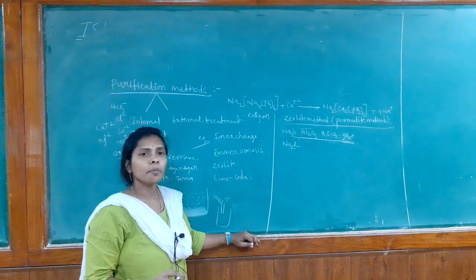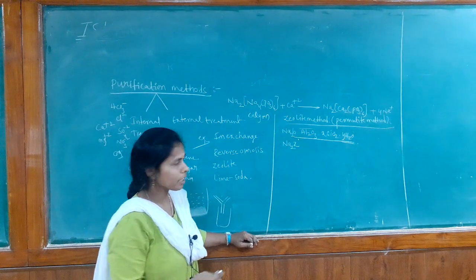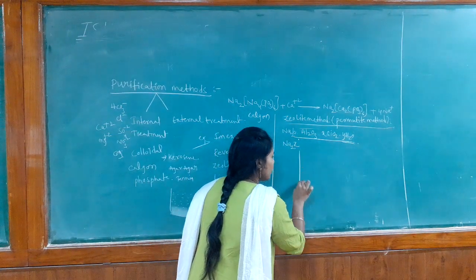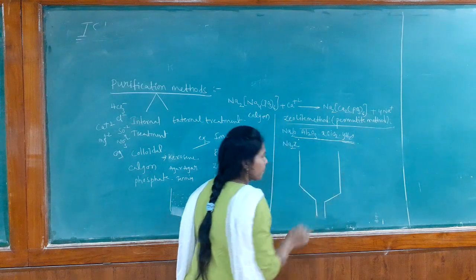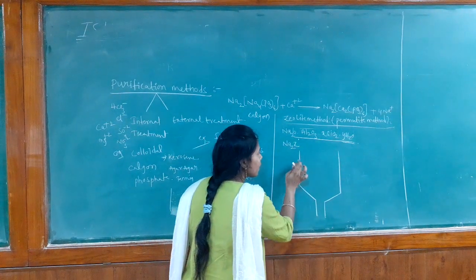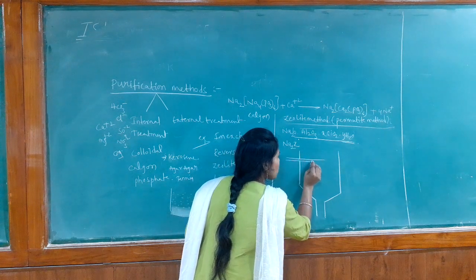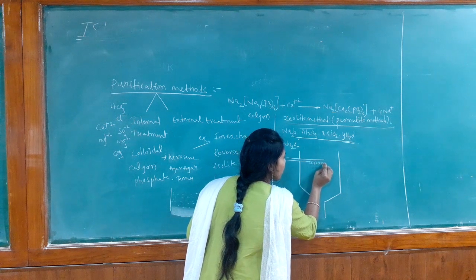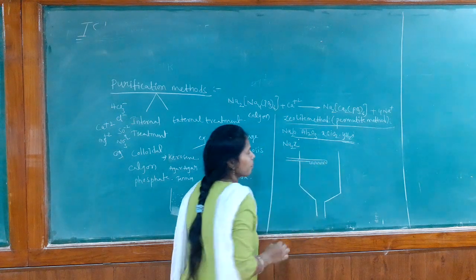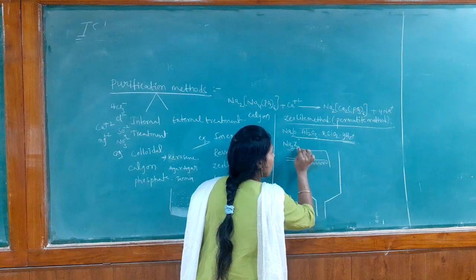Now let us see the process of the zeolite method. First I will draw the diagram of the zeolite method. It is a large metallic container, and it has an inlet to send the brine solution, and this is the inlet to send the hard water sample.